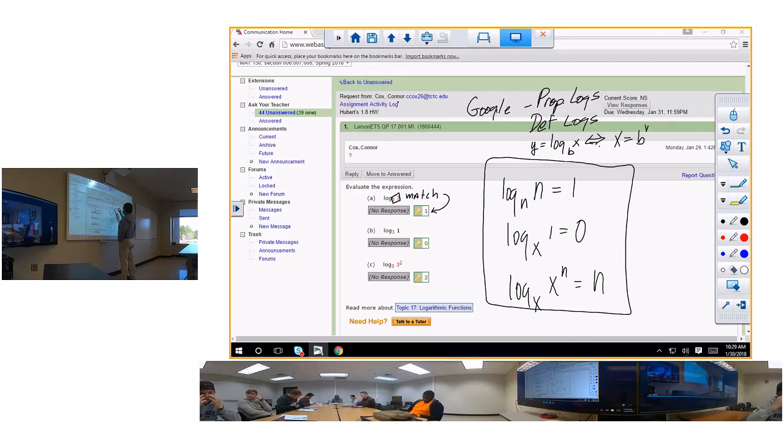It's going to give you a property right there, and that's very important. I'm going to go over it when I go over logs before we go into the unit test. But right now, these 3 right here will be the first ones in your properties of logarithms, and we went over that back in 109.